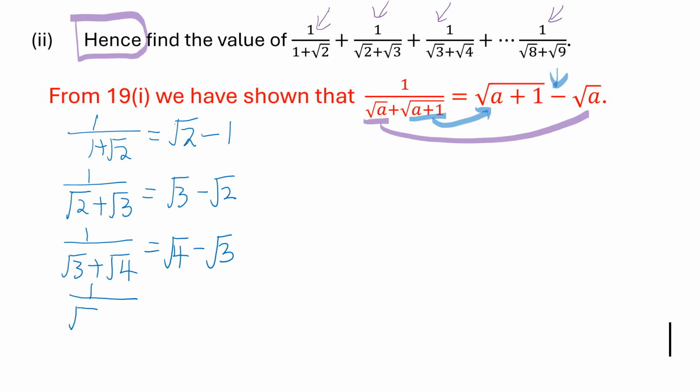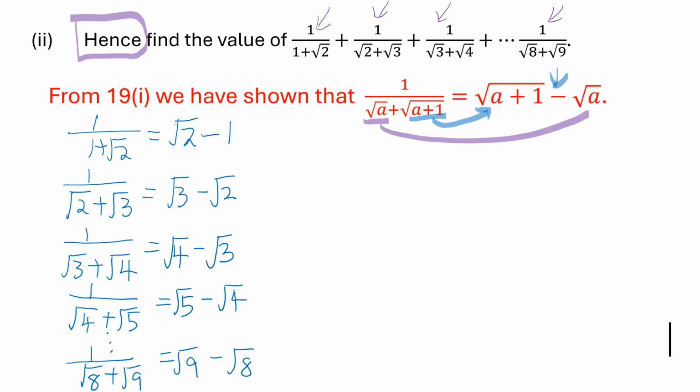Another one we can use will be 1 over square root 4 plus square root 5, so square root 5 becomes the first guy, square root 4 the second guy. And so on until the last one, 1 over square root 8 plus square root 9, so square root 9 becomes the first guy, square root 8 the second guy.